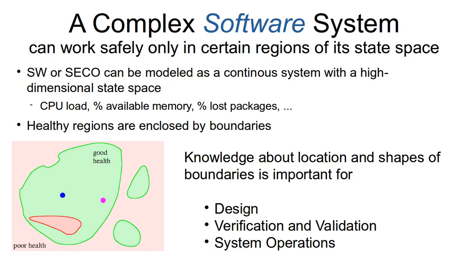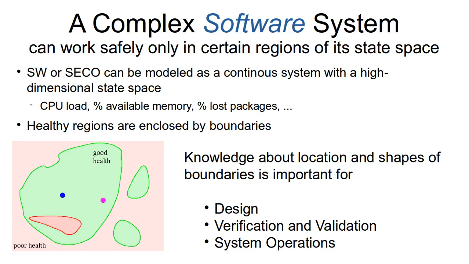These two dots in the middle correspond to points of operation. The blue point of operation is where the system is very healthy, surrounded by large regions where the system is still healthy, so a very good situation. On the other hand, the purple point of operation might be more questionable because it is already very close to an unsafe region.